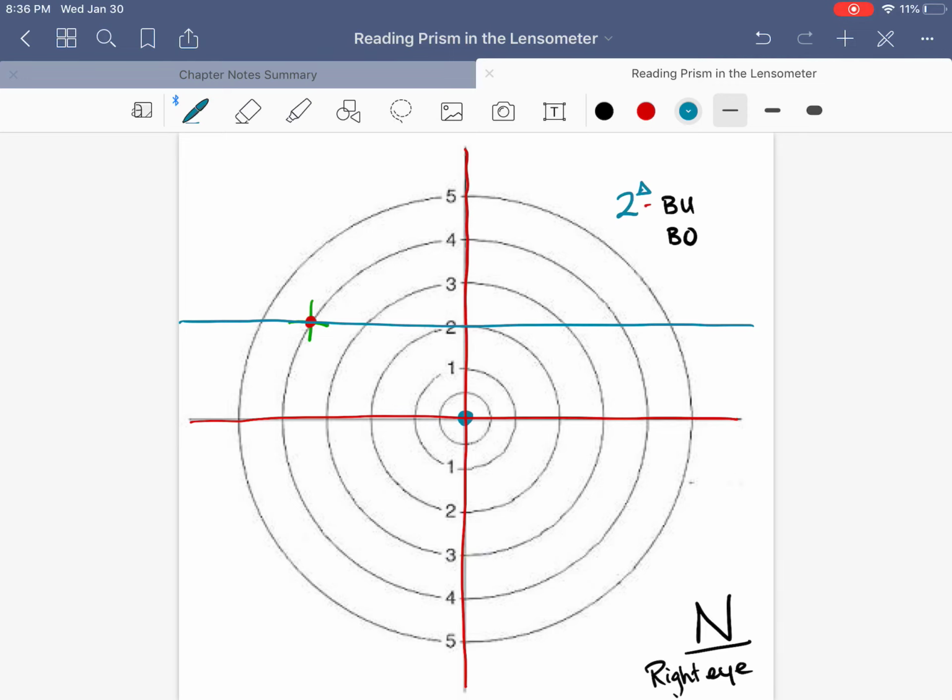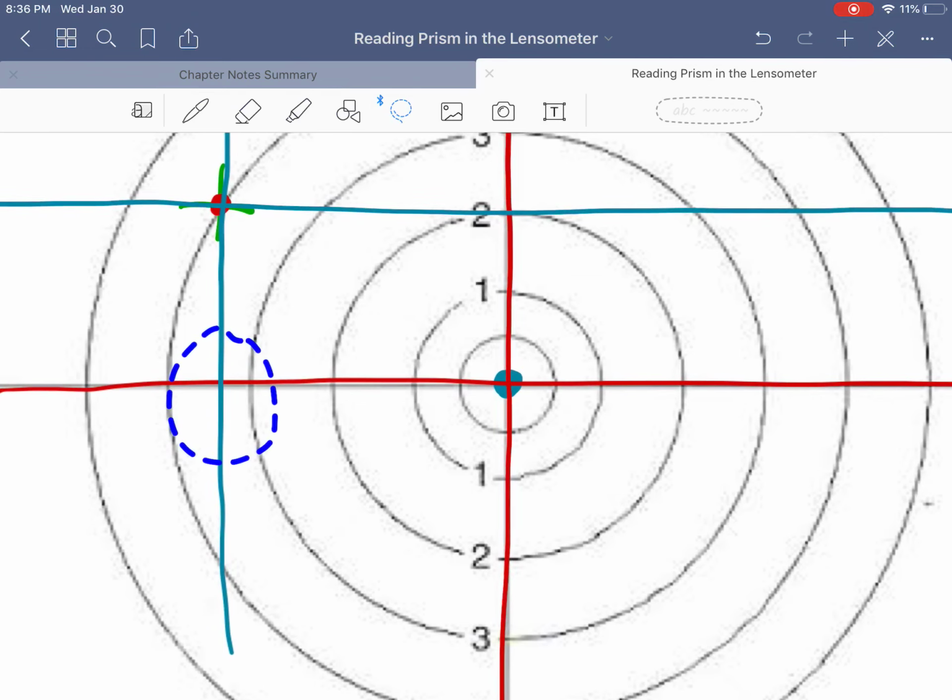Now we have to figure out what our base out is, and we're going to run a line parallel to this line right here. So we have a line that goes straight down, and what we're looking for is where it crosses, so that we can figure out exactly how much we went out.